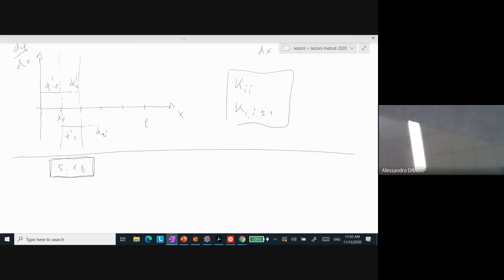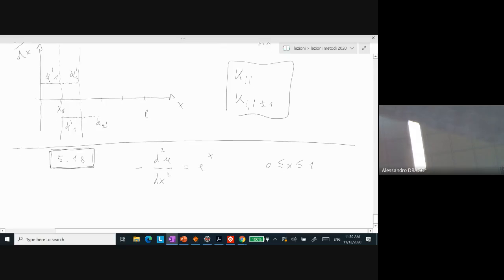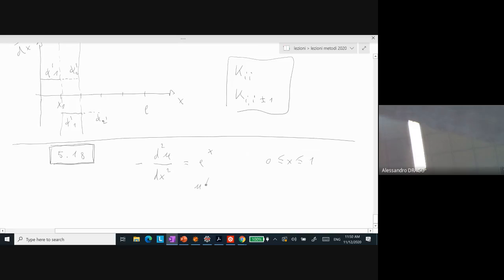We want to solve the equation minus the second derivative of u with respect to x squared equal to e to the x, for x between 0 and 1, and as usual u of 0 equal to u of 1 equal to 0.